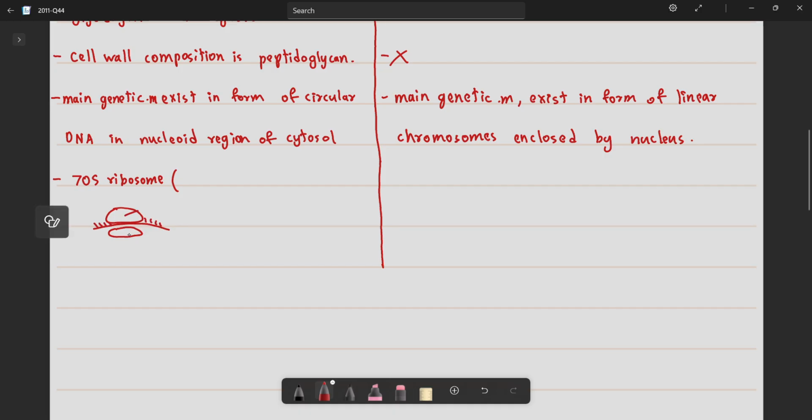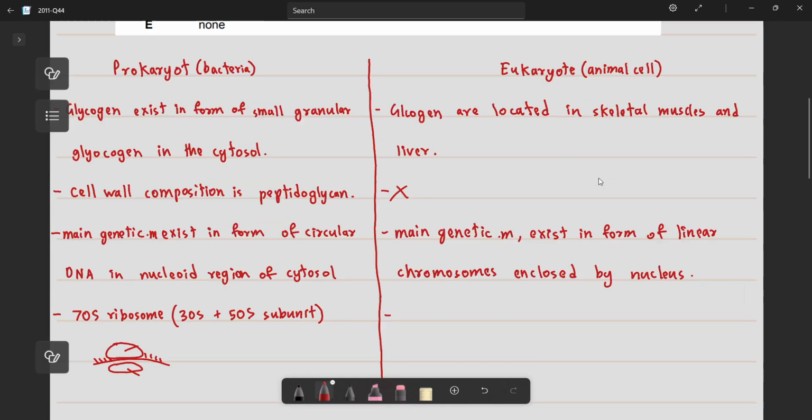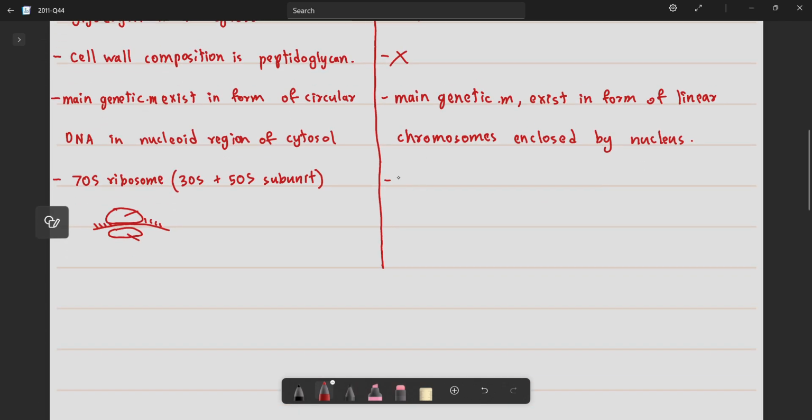There's a number for these subunits. For prokaryotic, it is a 30S plus 50S subunit. For eukaryotic animal cell, it is going to be 80S ribosome, and the main subunits are 40S plus 60S.